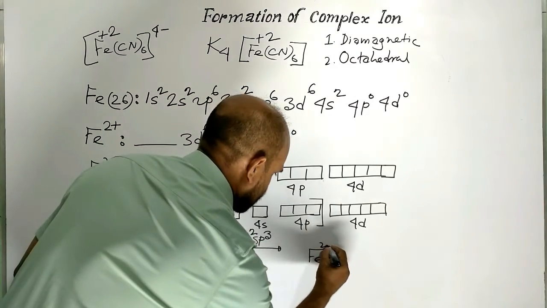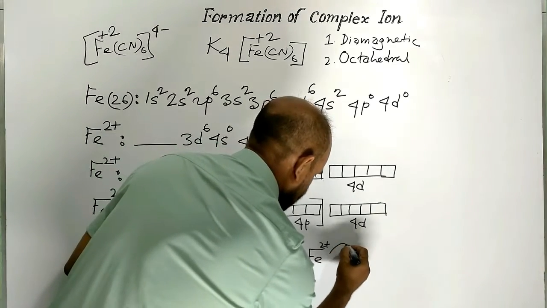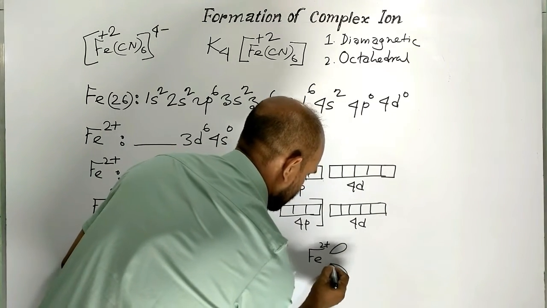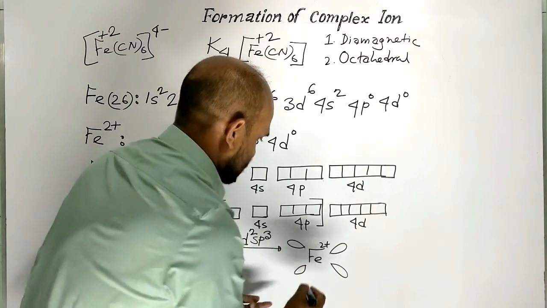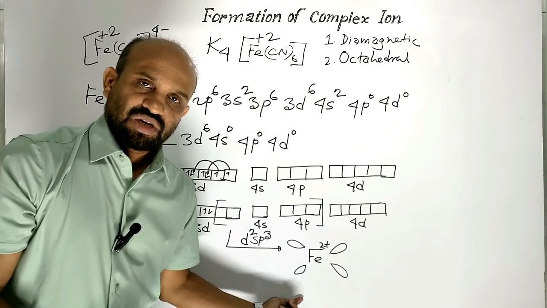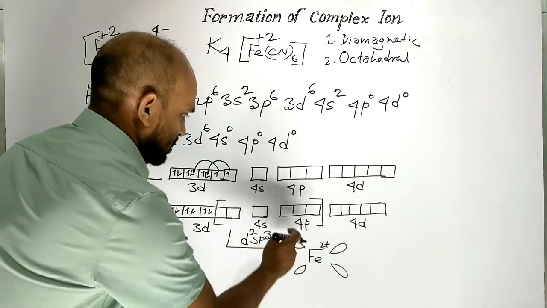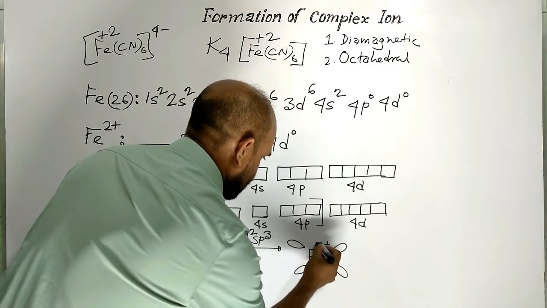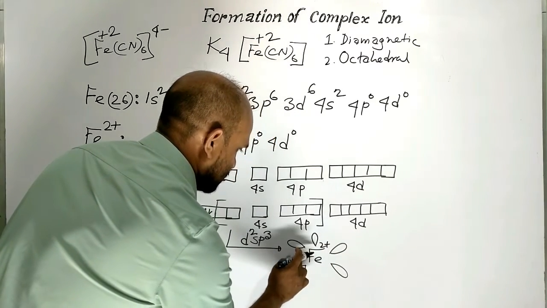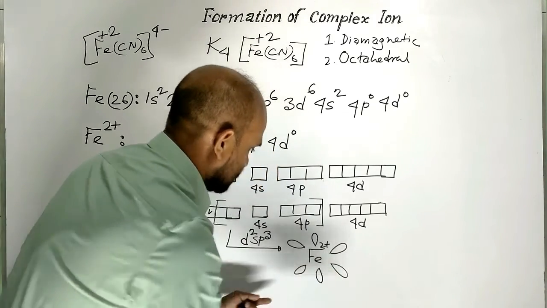Total 6 orbitals. So here iron 2 plus ion, then 6 orbitals, 1 2 3 4. These 4 orbitals lie in a plane and another 2 orbitals, one orbital above the plane and another orbital below the plane.